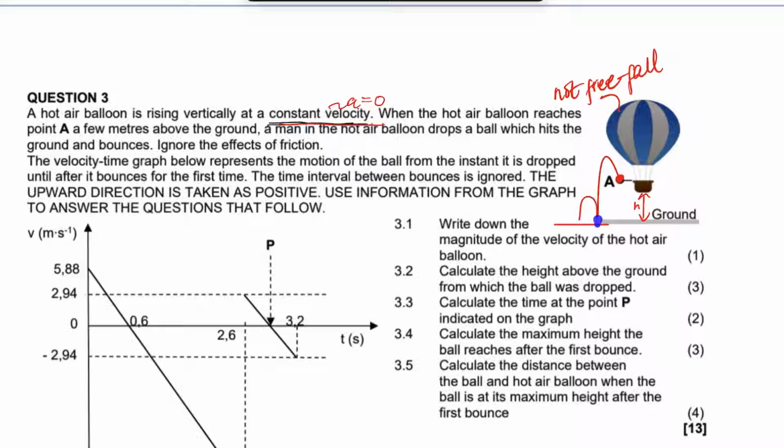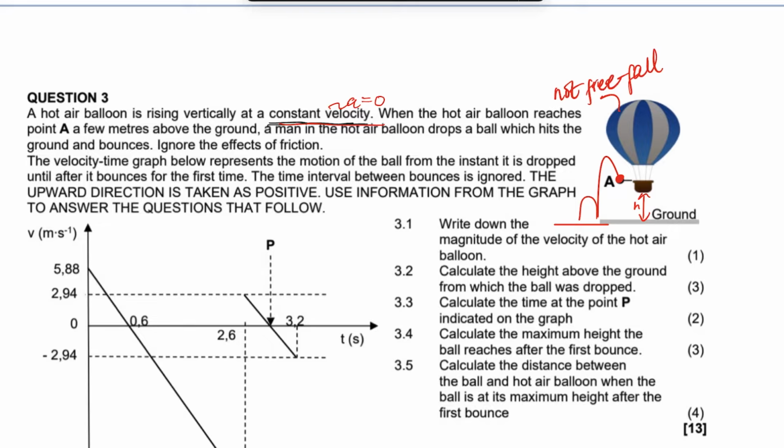That 2.94 decreases to the maximum, which is at point P. There it's point P, and then it increases in the negative direction. So the whole journey of this object took 3.2 seconds. I hope that makes sense, guys.